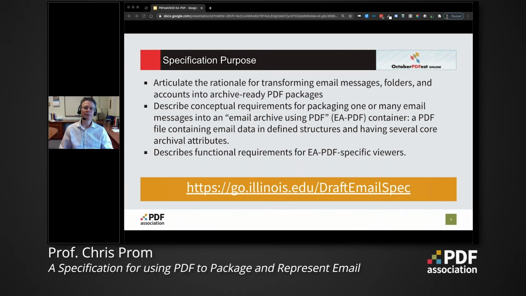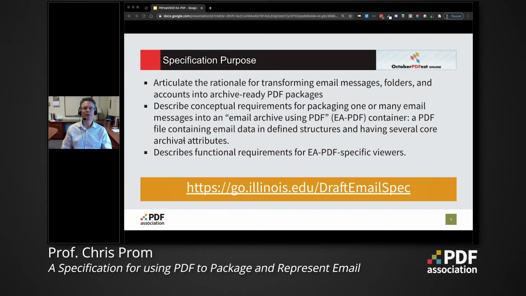That is a message partly to my own community, which has not extensively used PDF as a preservation format to date, but to which I think there is a strong rationale and reason to do so. The second is really to lay out some high-level conceptual requirements for how you would package one or more messages into an email archive using PDF or eAPDF format.